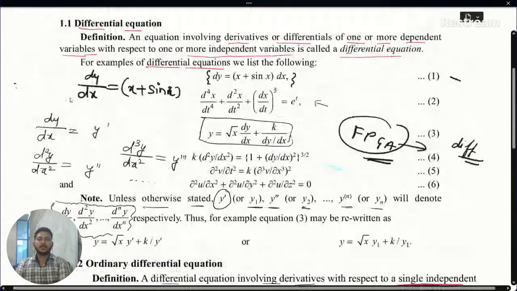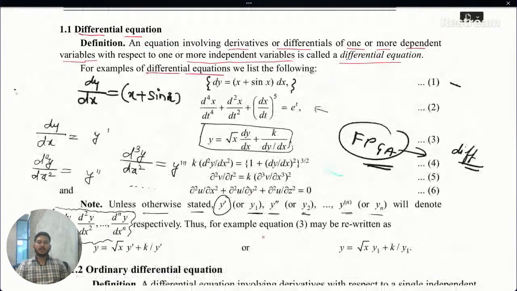Here we see how you can identify the dependent and independent variables.